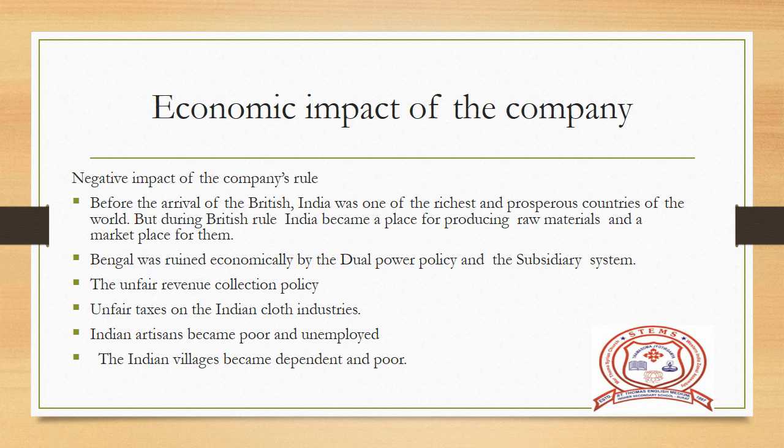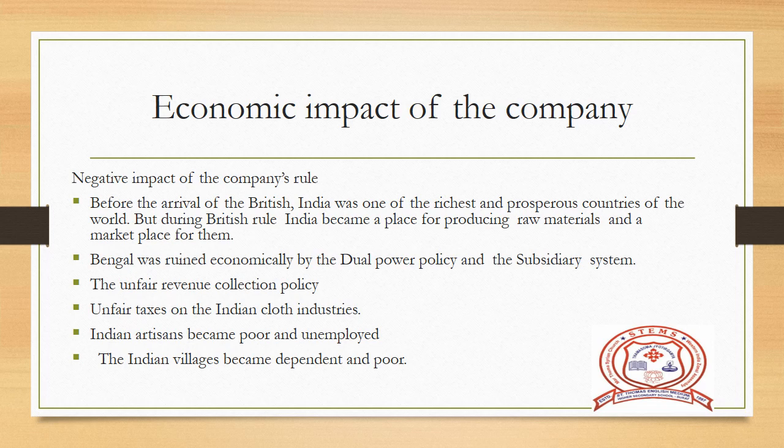But during the British rule, India remained a country that used to produce raw material for England and served as a market for goods produced in factories of England.